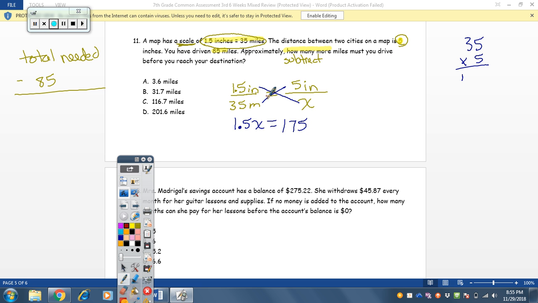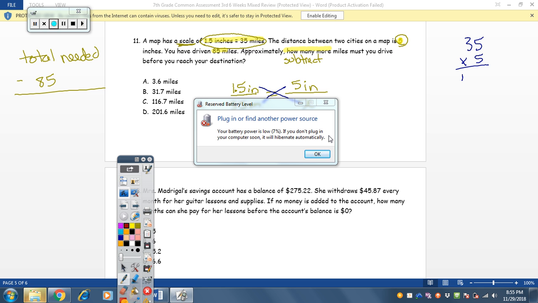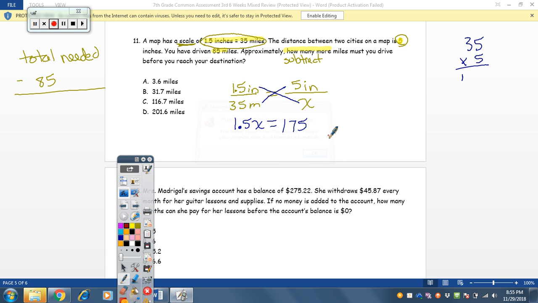Now you need to, hang on 1 minute. All better. Plugged in. You need to solve this equation. So you are going to divide both sides by 1.5.